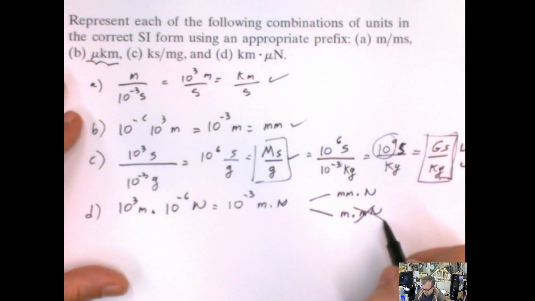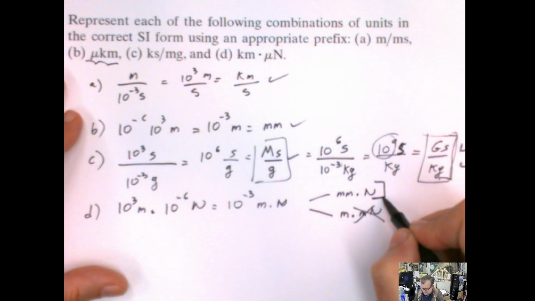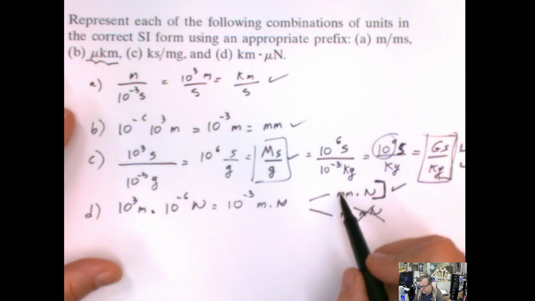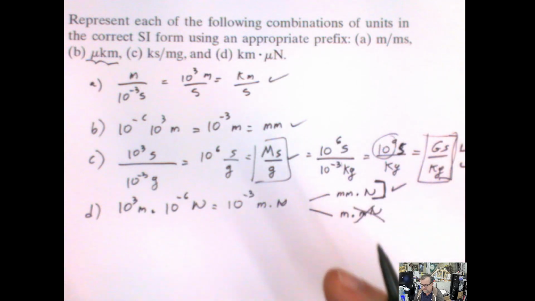However, this is not well seen. This is the way you should express it. Why? For some reason, when you have forces and distances, the best looking way is applying the prefixes to the distances and not to the forces.